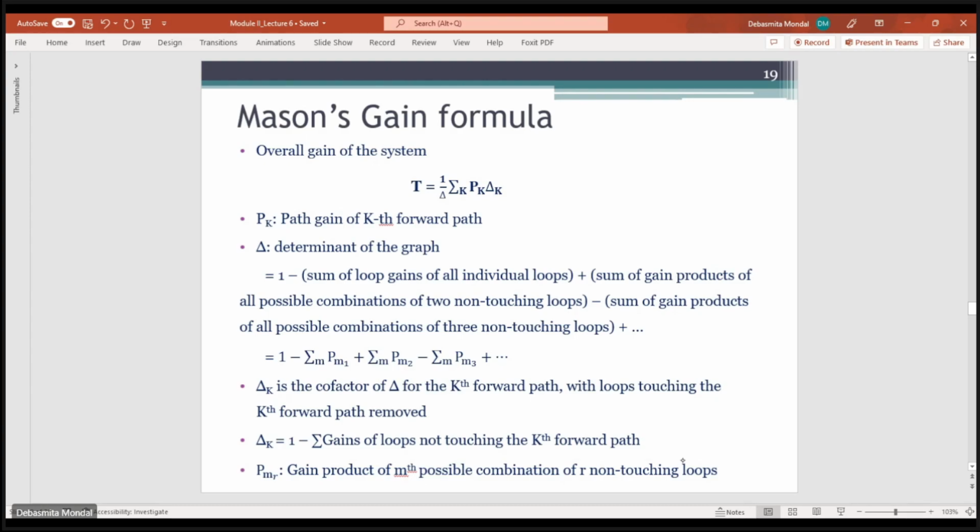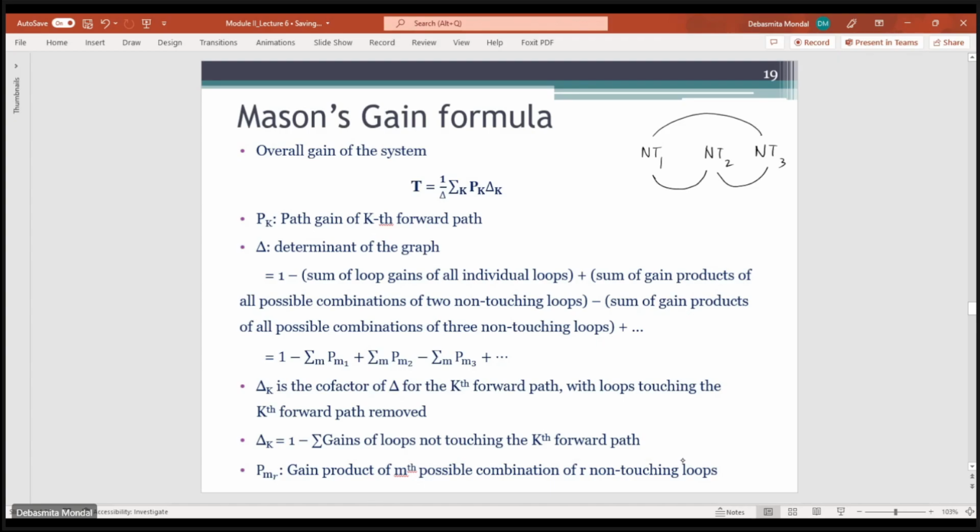So let's say you have 3 non-touching loops: non-touching loop 1, non-touching loop 2 and another is 3. If you want to find out the possible combinations of 2 non-touching loops, one combination will be these 2 together, one will be these 2 together, one will be these. So there are 3 possible combinations.